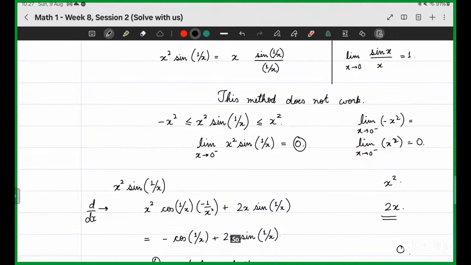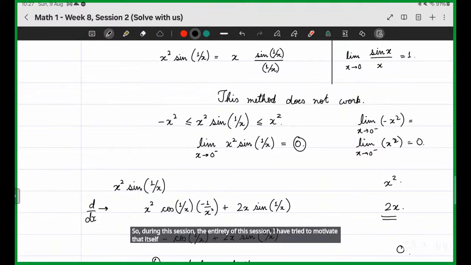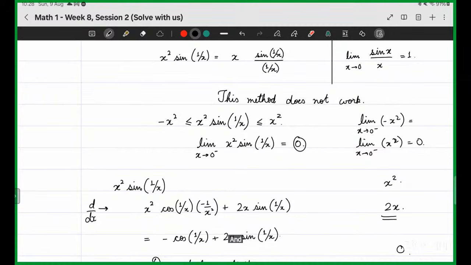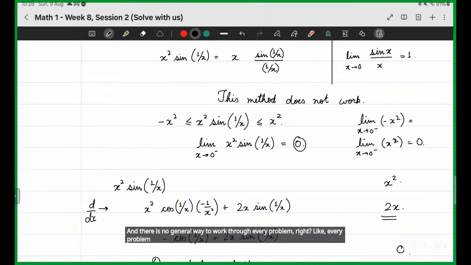So, sir, can you tell the approach to a question, like for this set of questions? During this session, I have tried to motivate how to approach a question rather than just give you the solution. And there is no general way to work through every problem. Every problem is different.